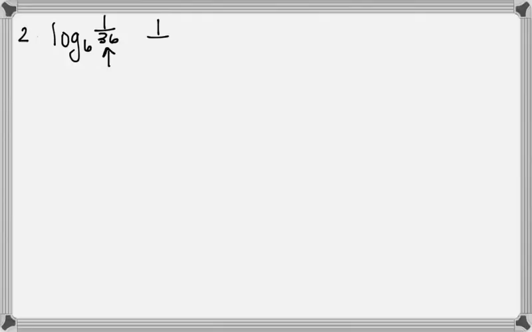So can you rewrite 1 over 36? That's really 1 over 6 squared, right? And if I rewrite that, I want it to be 6 to a power. So it would be 6 to the negative 2. This is the long version, but this is what we're doing.